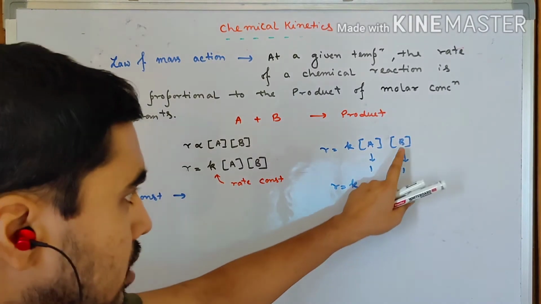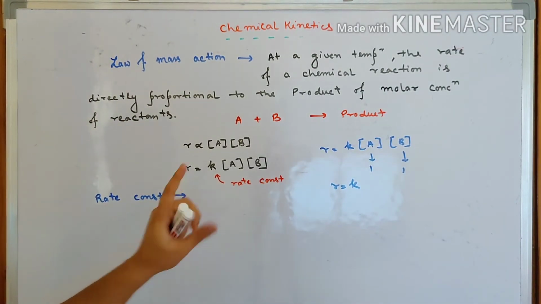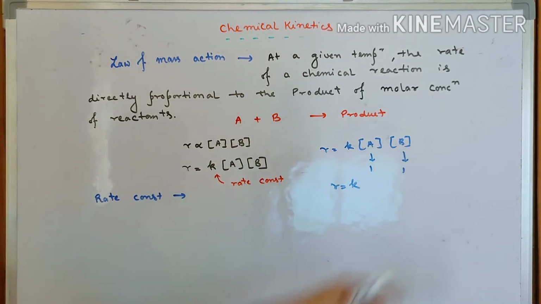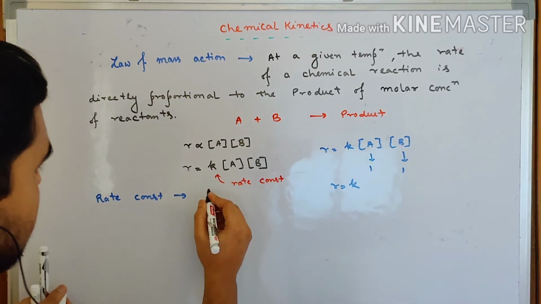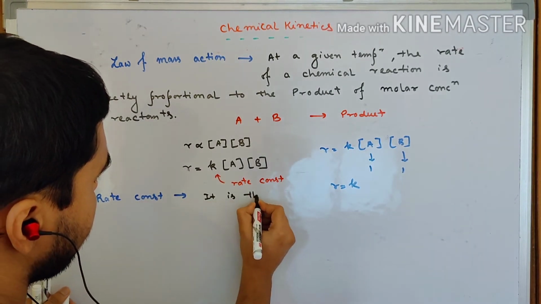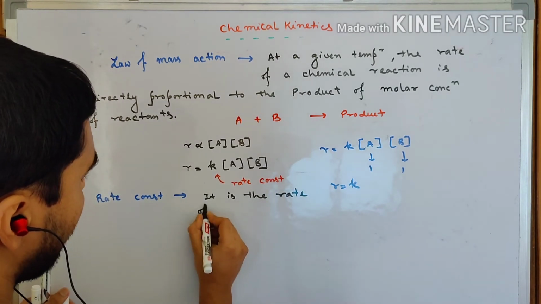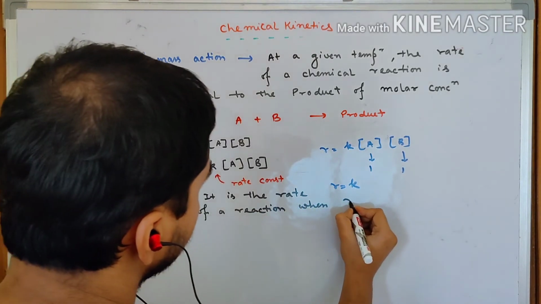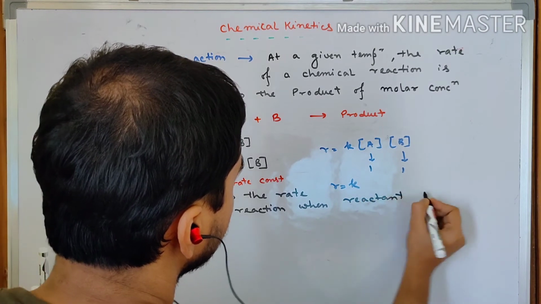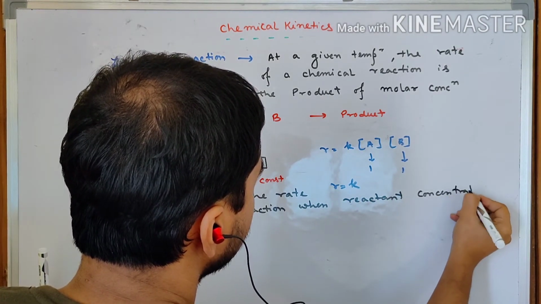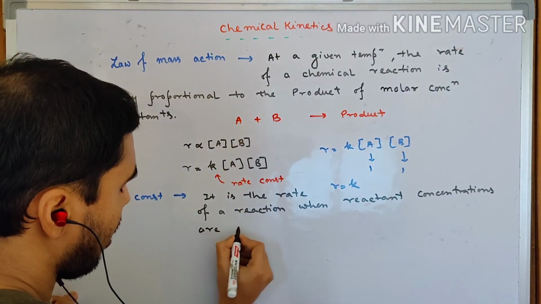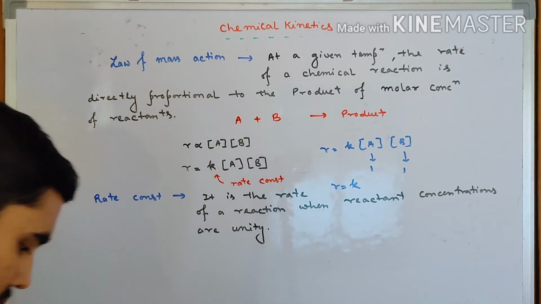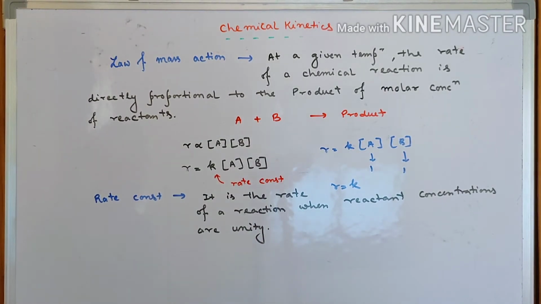So what we can say is, the rate constant is nothing but the rate of a reaction when the reactant concentrations are 1 or unity. So this is all about the rate constant.